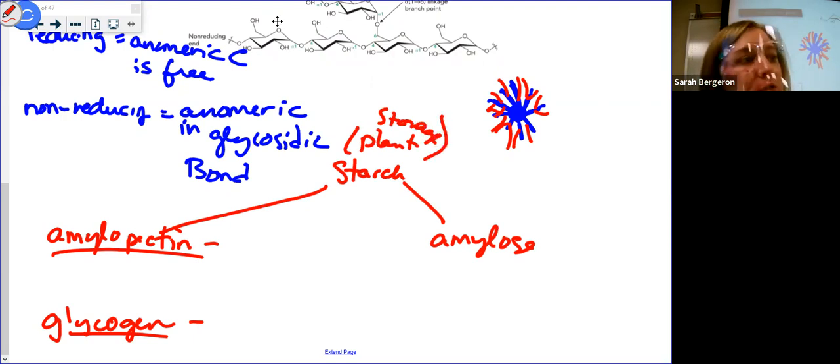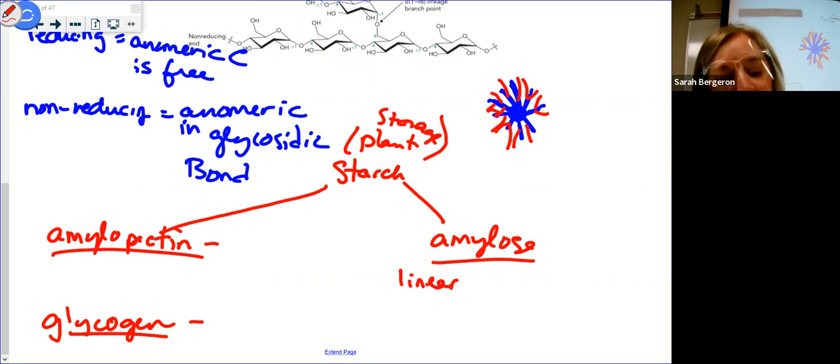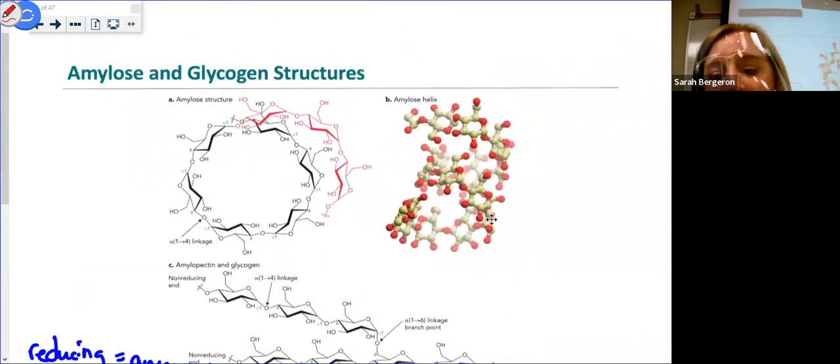Right, plant storage. If I compare the two, amylose is going to be linear. The picture up above here is amylose. When I say linear, if you come to my office, you can see this, on an old phone, you know the cord that does the helix thing?